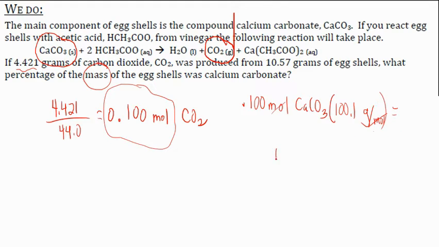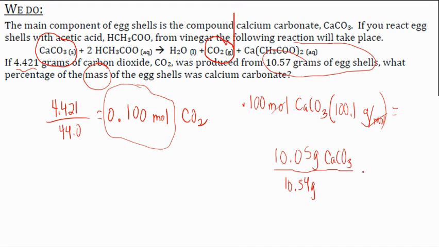So that's going to give me 10.05 grams of CaCO3. Is that my answer? No. They want a percent. So I need to divide this by the grams of the eggshells, times 100 equals. Oh, I already have that. So 95.15.